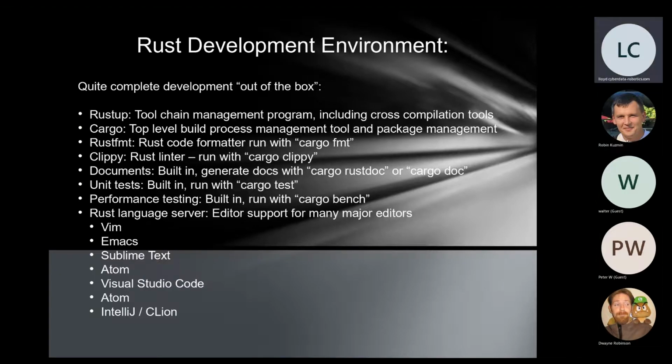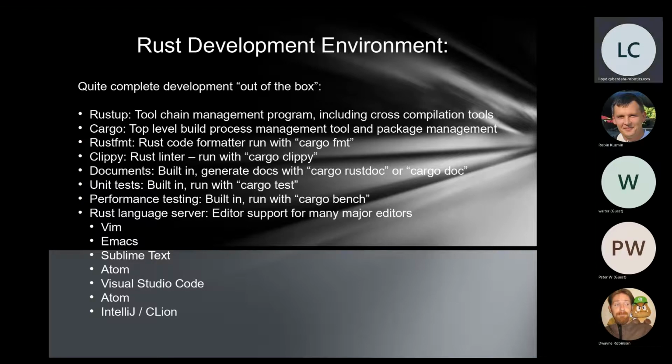So the first one's the development environment. Rust is very complete right out of the box. The list of various tools I've got here all come standard. So Rustup is a toolchain management program, which also includes download and management for cross-compilation tools.